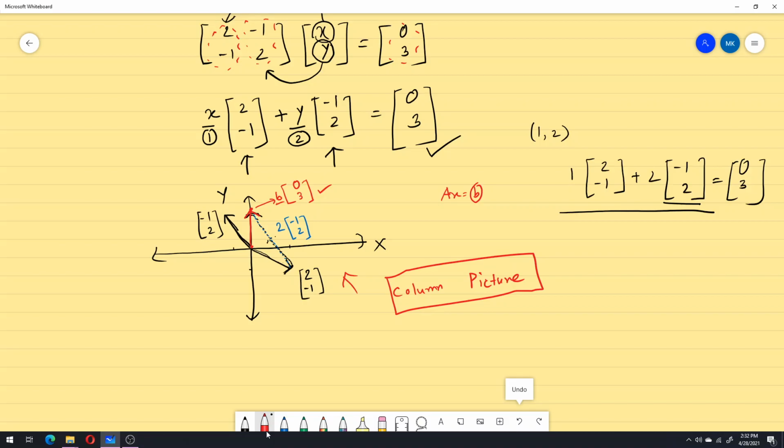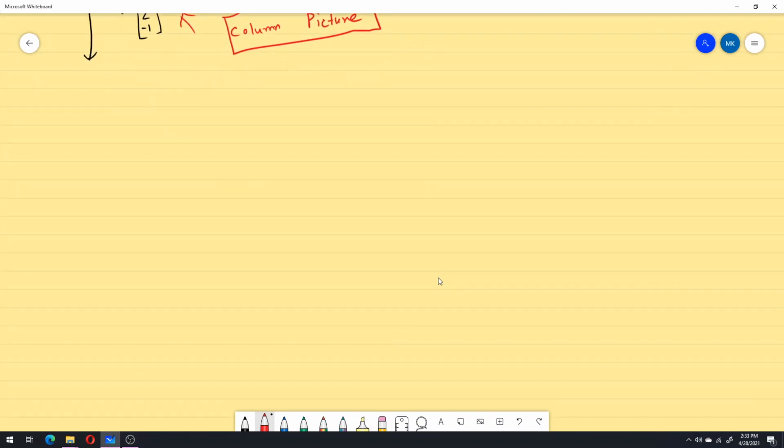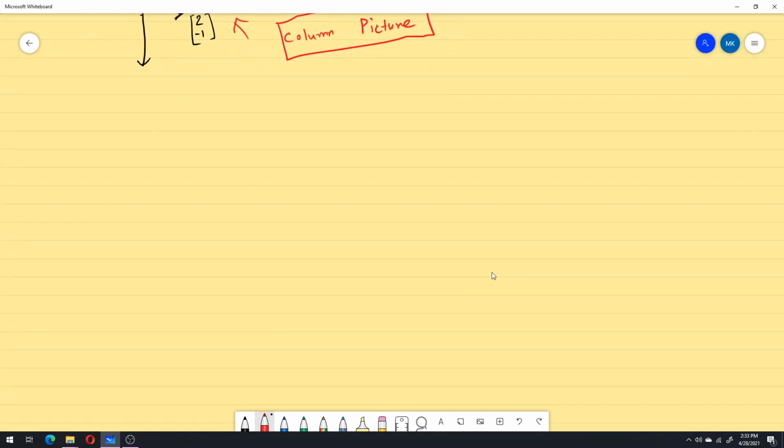So this was a 2D coordinate system, which is very easy to interpret, but let's switch to 3 equations and 3 unknowns. Take a random system of equations. Let's say 2x minus y equals 0.